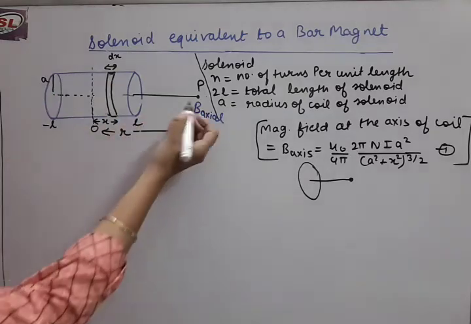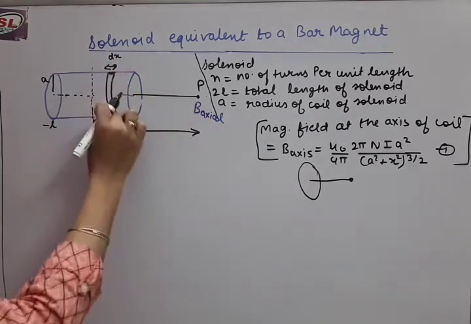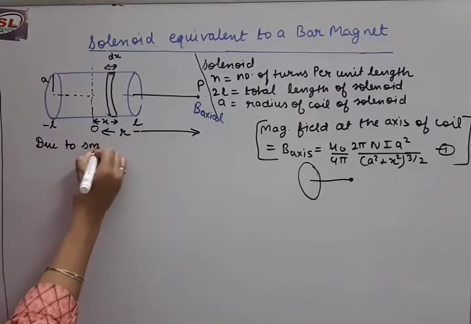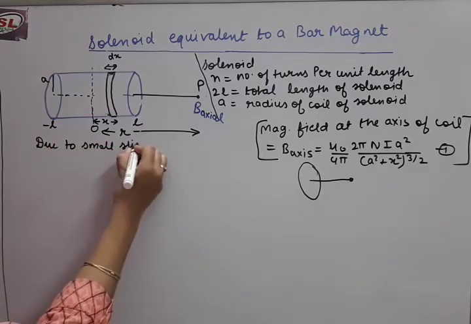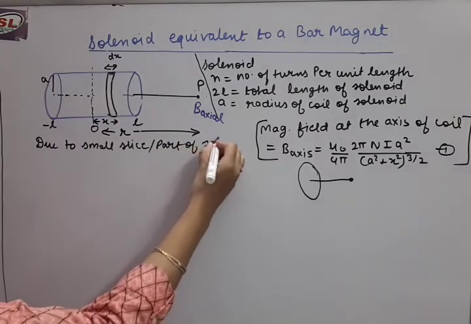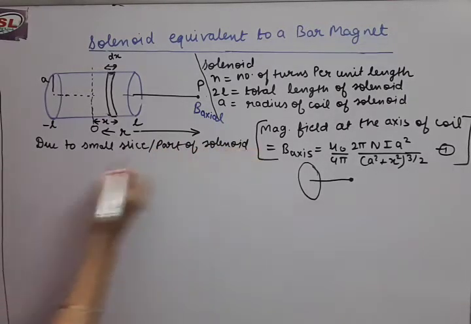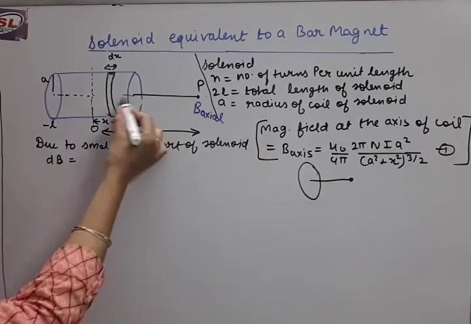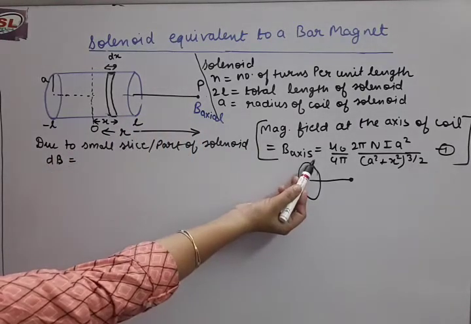Now let us find the field due to this small slice or part of the solenoid. What is the dB formula? We will take the help of this formula.